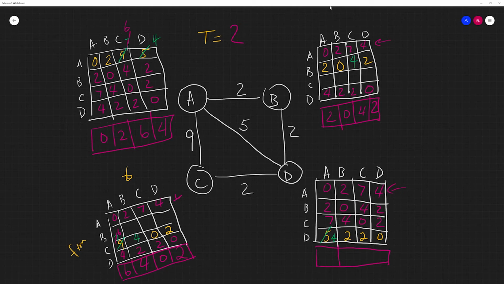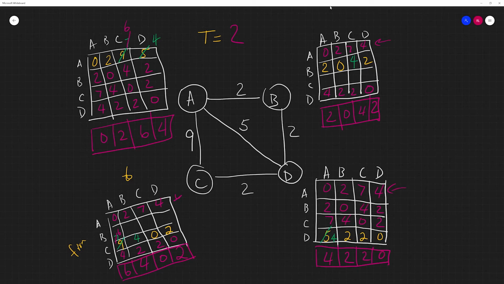But to get to A, it cost me 4, so that one is the original path. We have 2 over here, but to get to B, it's going to cost me 2, which is going to be 4. And then these, nothing really comes close to 0, but then it costs me 2 to get there. This one is 2, and so anything that I add to that's going to push me over. So this stays the same.